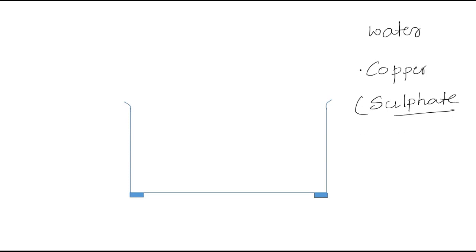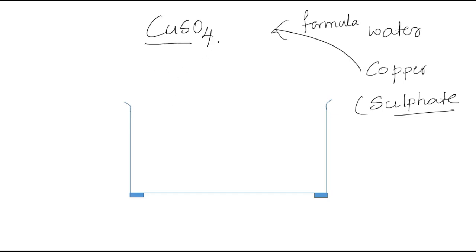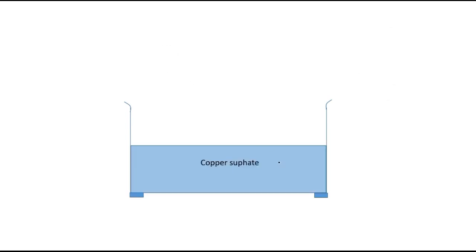The formula of copper sulphate is CuSO4. Look at this properly. It's a combination of copper as well as sulphate. Sulphate is SO4 and copper is Cu. So let us take a copper sulphate solution.